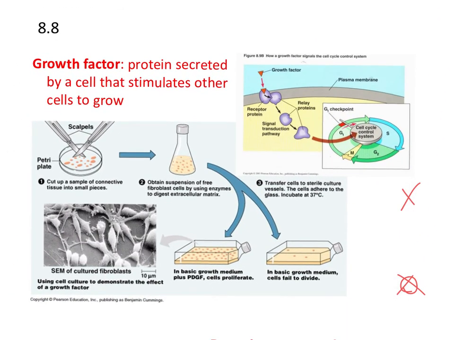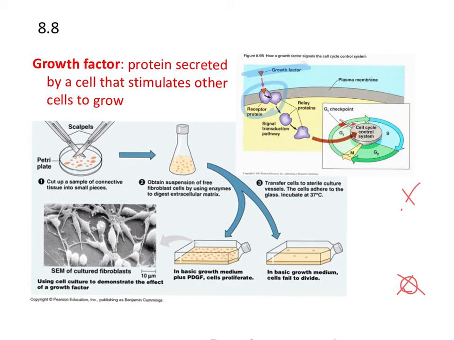Signals for a cell to divide can come in a variety of forms. So one example is called a growth factor. A growth factor is a protein that stimulates cells to grow. So a growth factor is a protein that binds to a receptor in the membrane and then tells the cell, all right, let's go, time to divide.